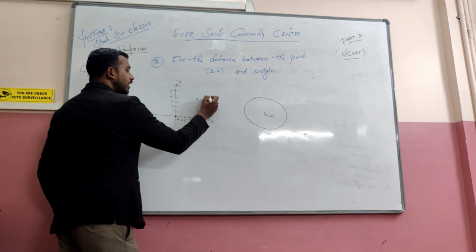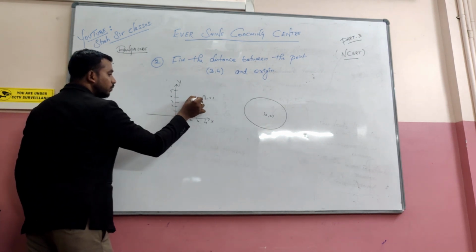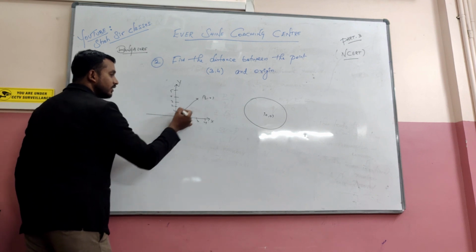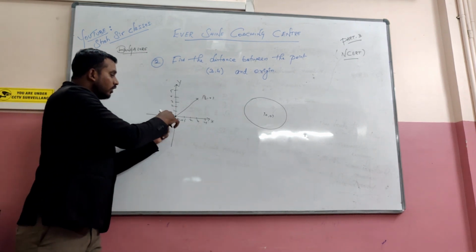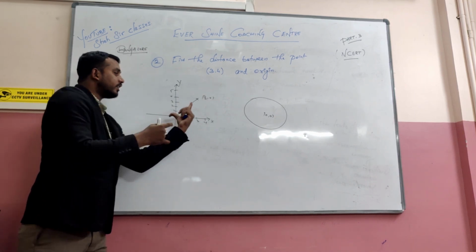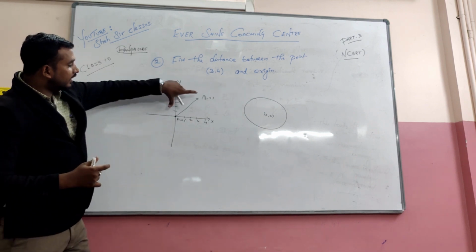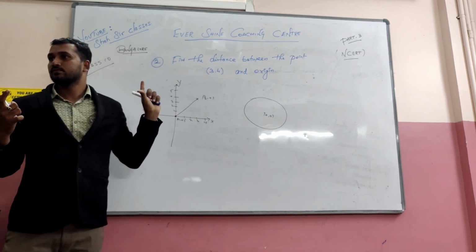So this is the coordinate 3, 4. Now we want to find the distance between this point and this point. That is the question. Between these 2 points, what is the distance we have? इधर से लेकर इधर तक distance कितना है? That is what we have to calculate.